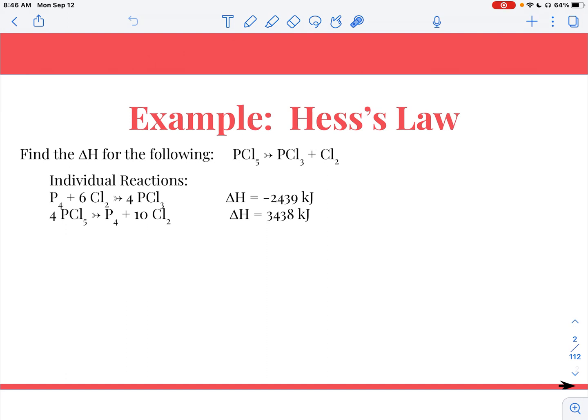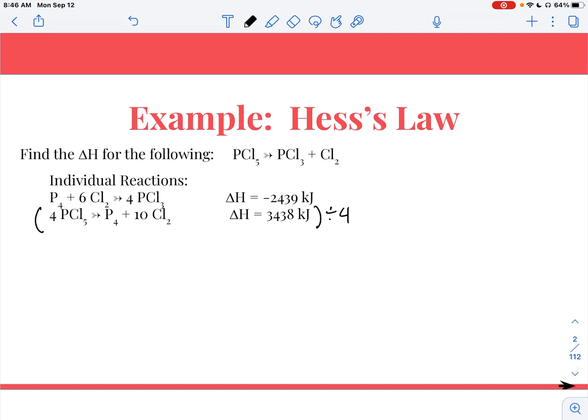So the two things you want to check are the side of the arrow and the coefficient. So here, PCl5 is before the arrow, and it is here too, so we can keep it the same direction. But we need to divide by 4. So I'm going to take this reaction and divide it by 4.